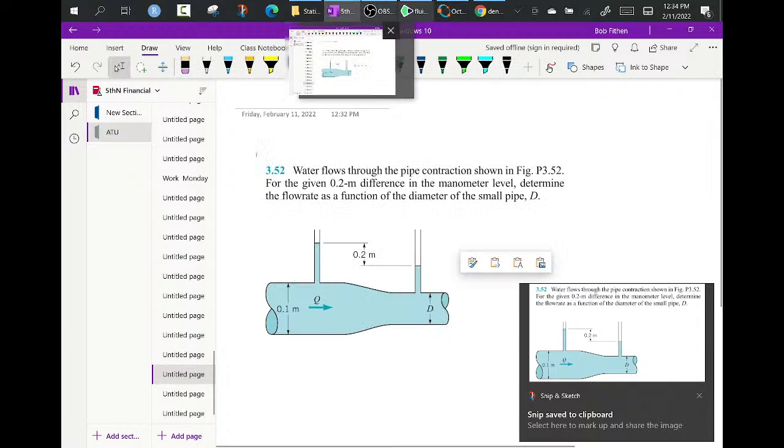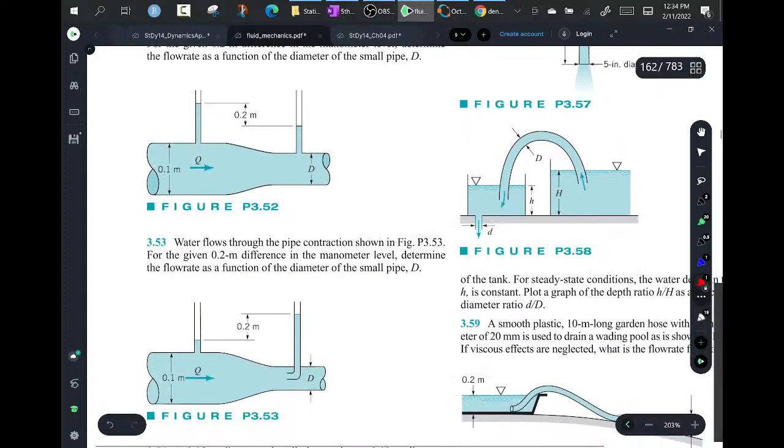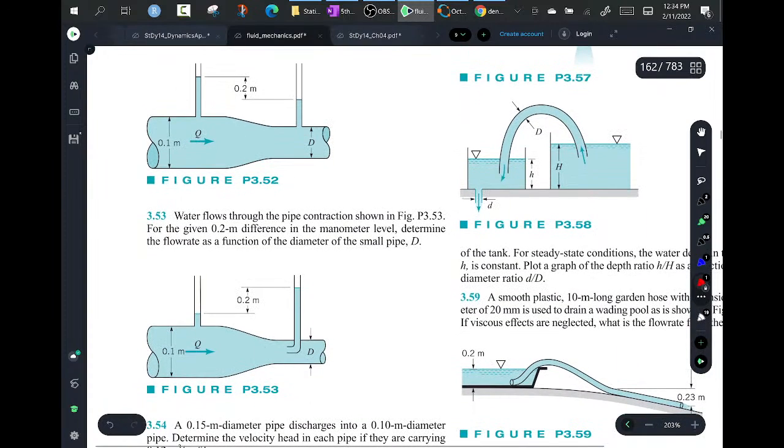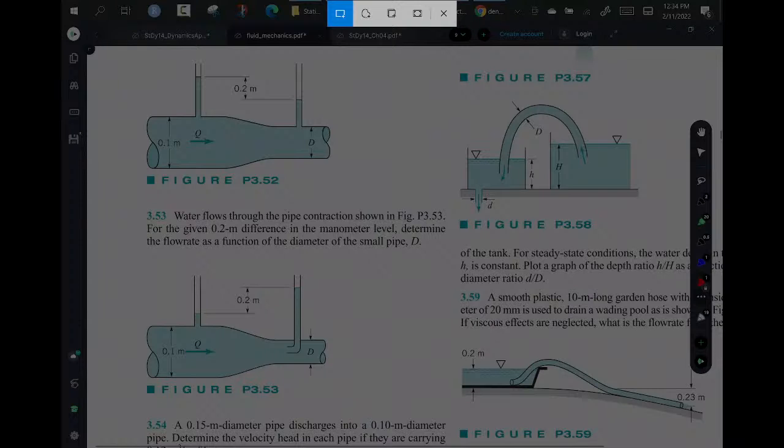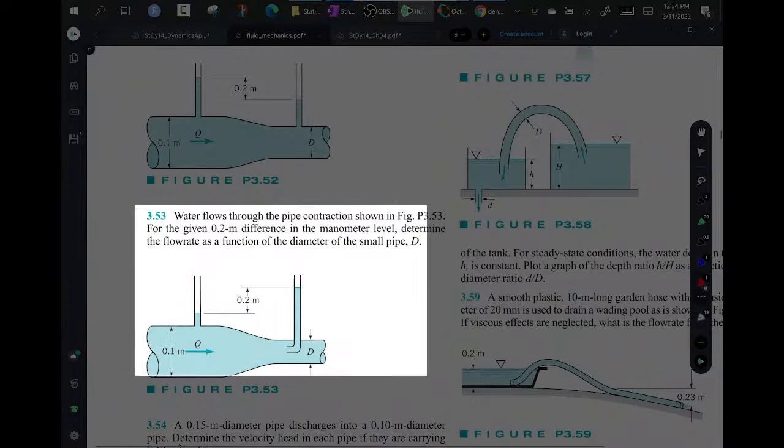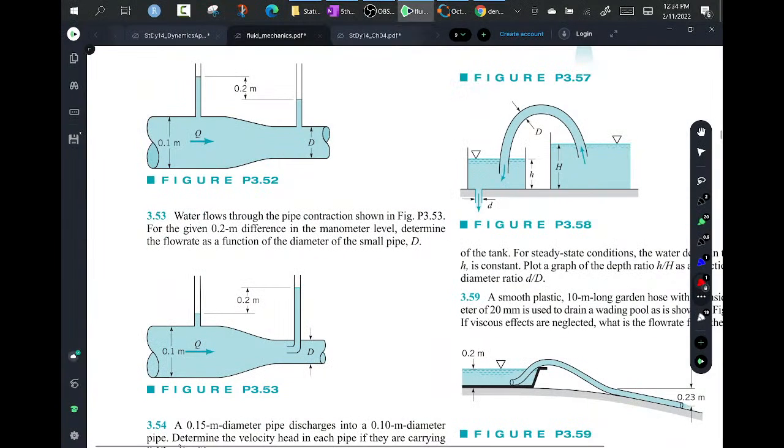Let's see if we can do that one. Yep, that's another one. We do this one.